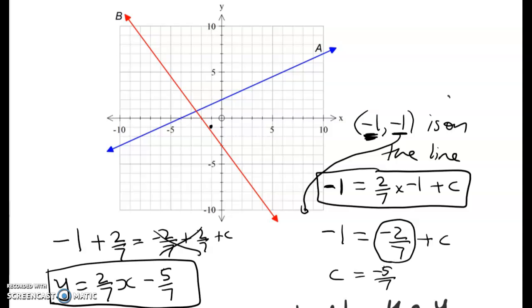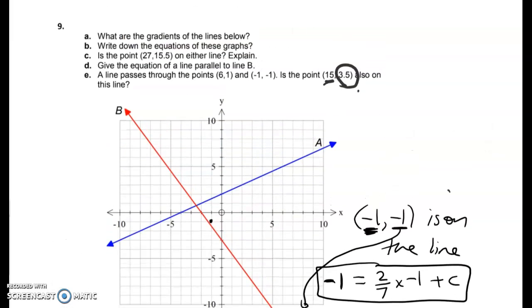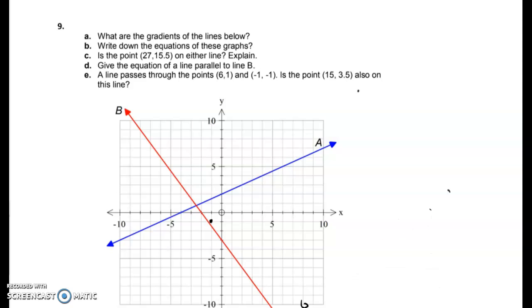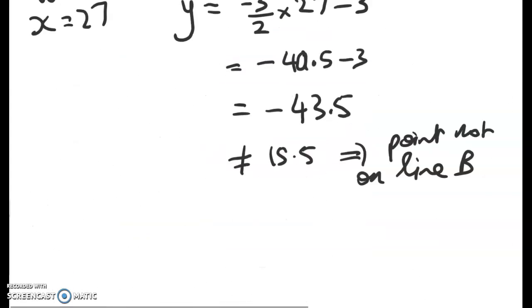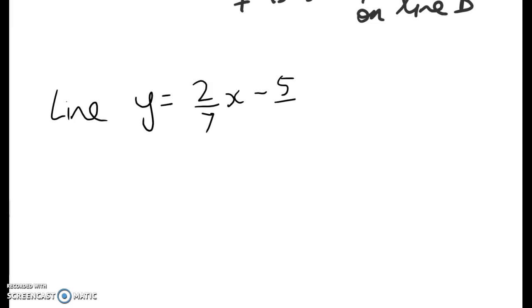Right, now what? Well, we weren't asked for the equation of the line. We were asked to do something with it. We have to say if this point here is also on the line. So we've got to substitute in the x value, 15, and see what y value comes out. So the line is y equals 2/7 x minus 5/7.